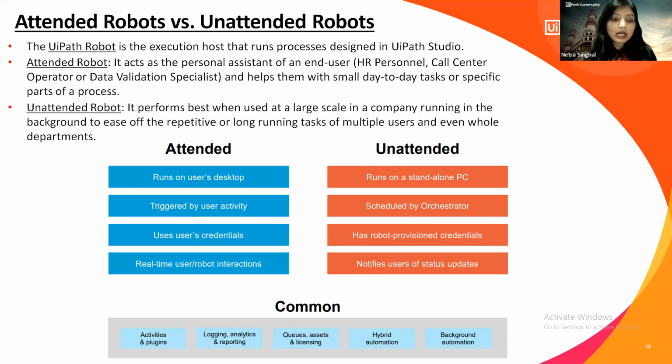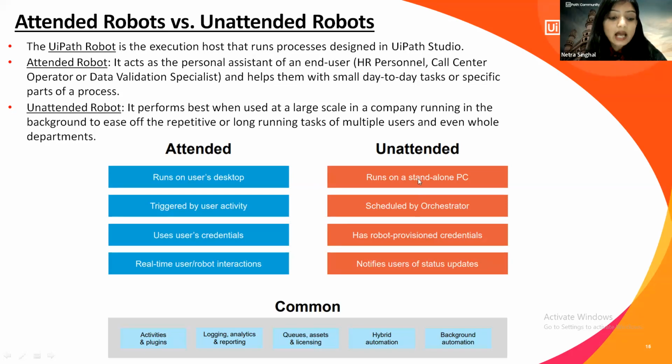In the comparison, an attended robot runs on the user desktop, is triggered by the user activity itself, and uses the user's credentials. However, an unattended robot runs on a standalone PC or a virtual machine. You have to give the robot provisioning credentials, and it is scheduled by the orchestrator. It is not triggered by user activity. We have to pre-schedule it. So that is the difference.